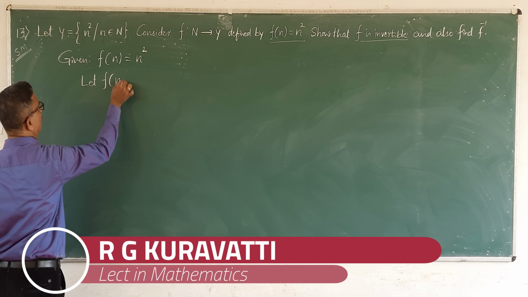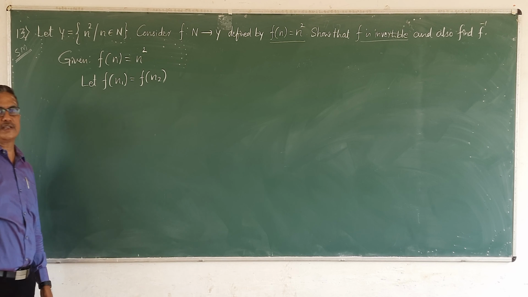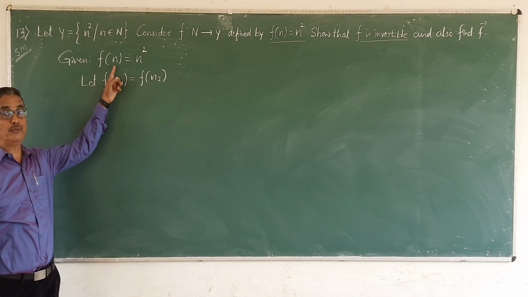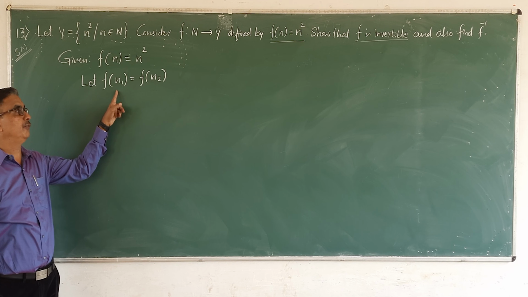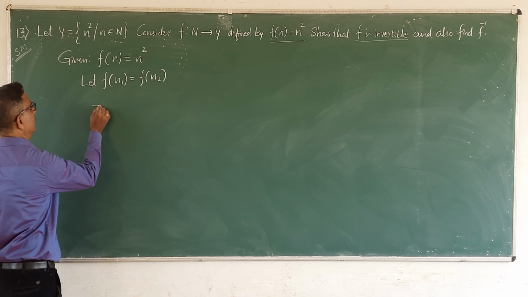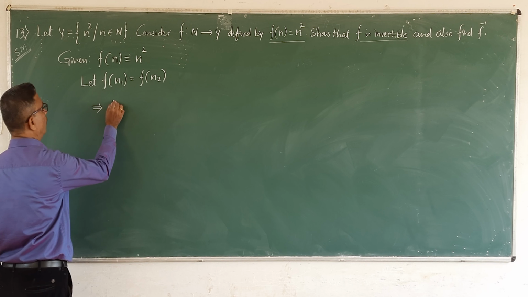The definition of one-one: f of n1 is equal to f of n2 implies n1 is equal to n2. Here, since the function is defined by f of n, take f of n1 equal to f of n2 and prove that n1 is equal to n2. What is f of n1?